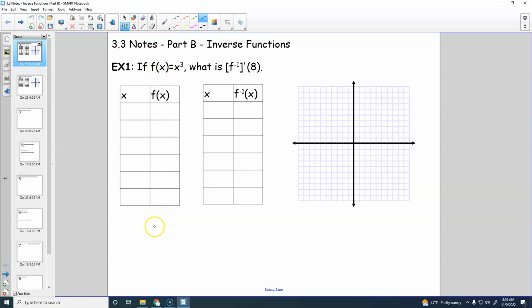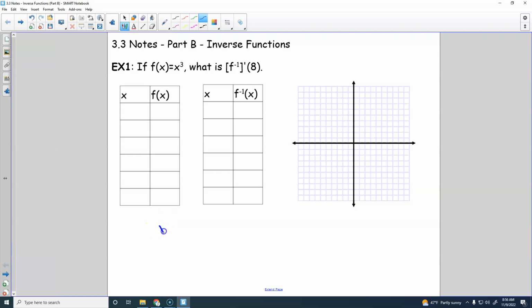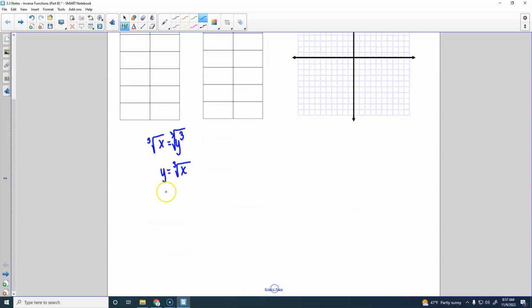So we could very easily find that inverse like we were doing last night, correct? So we could say x equals y cubed, and then we could cube root both sides. So y would equal the cube root of x, or we could write that as f inverse of x is, I'm going to go ahead and make it x to the 1/3.